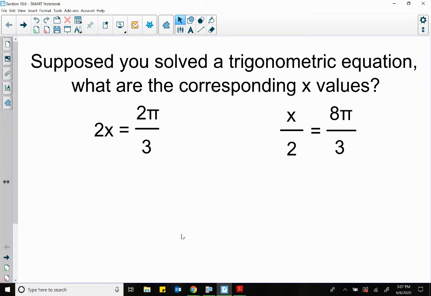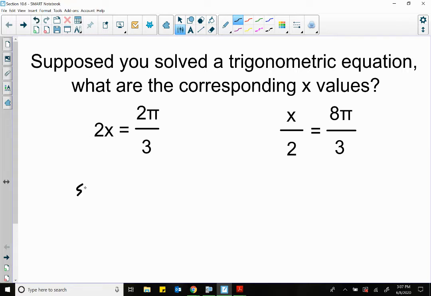So, for instance, right here, suppose that we have already solved the trigonometric equation. Suppose we've already done the inverse trig, and the answer was supposed to be 2 pi over 3, or say the answer was supposed to be 8 pi over 3. But you have to do a little bit extra in here because your problem was a double angle.